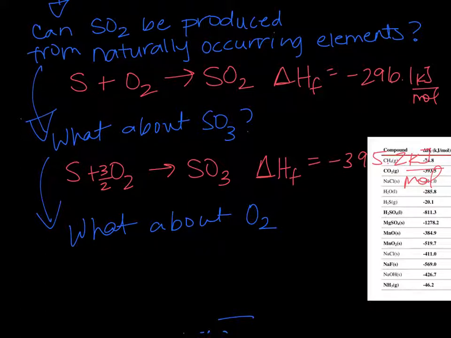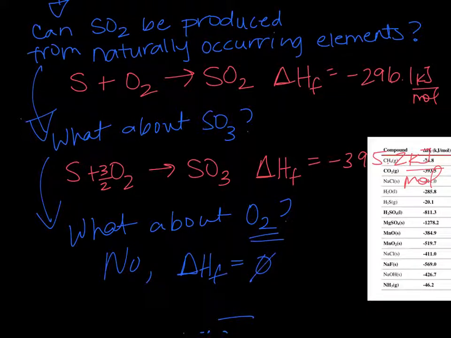Okay, so what about oxygen? Oxygen cannot be made from naturally occurring elements because it is a naturally occurring element. So its delta H of formation is equal to 0.